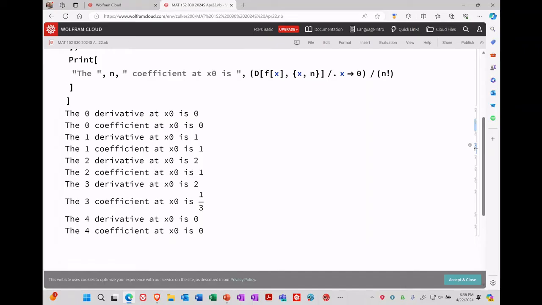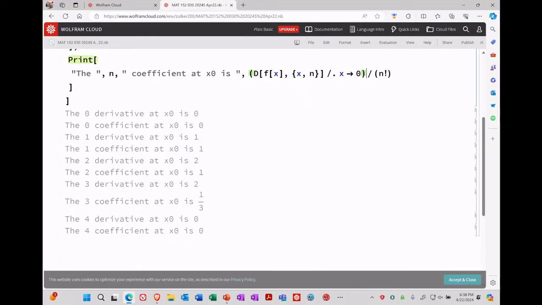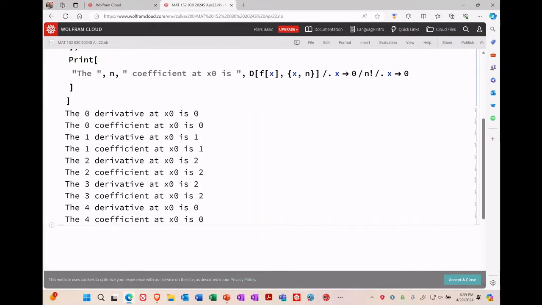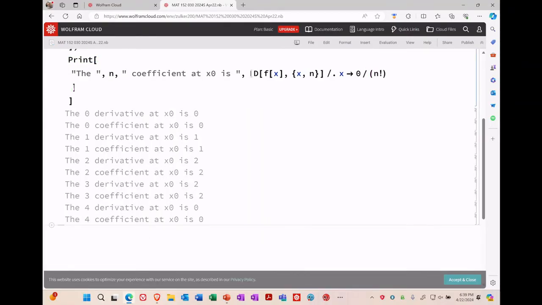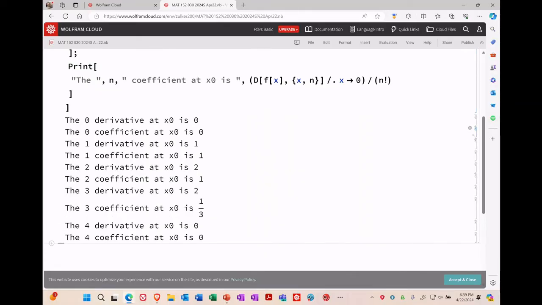I wonder if I would have just played around. If I do this, remove the parentheses, and then here, put that out there instead. Would that work? No, it wouldn't. Okay. No, so I had to do it that way.